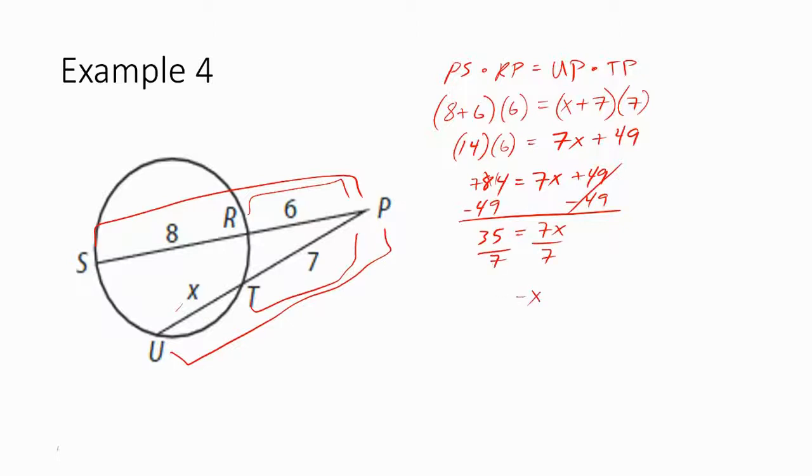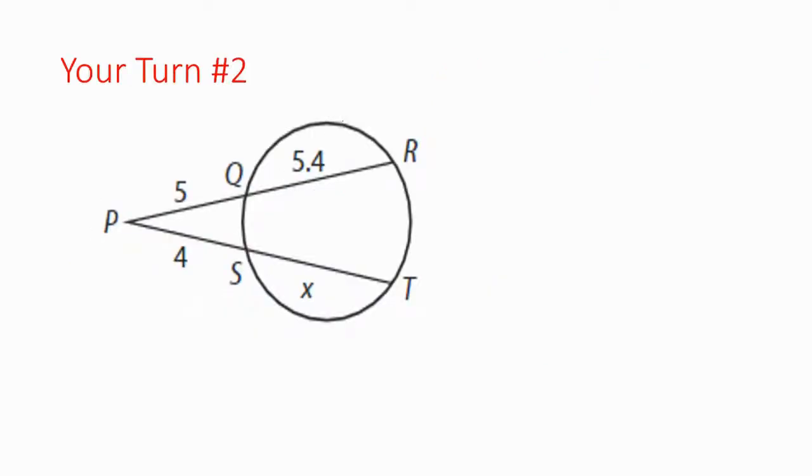You should get 5 equals x, or with the symmetric property, x equals 5. All right, there you go. So that works. All right, so your turn number 2. Again, whole guy times the little guy equals the whole guy times the little guy. So go ahead and try that one out and see what you get.